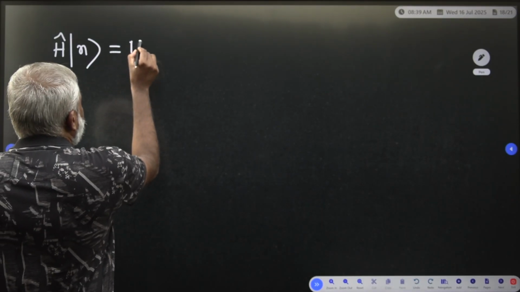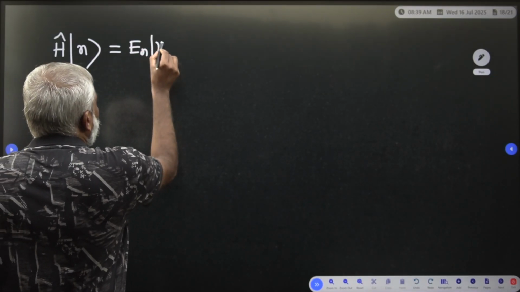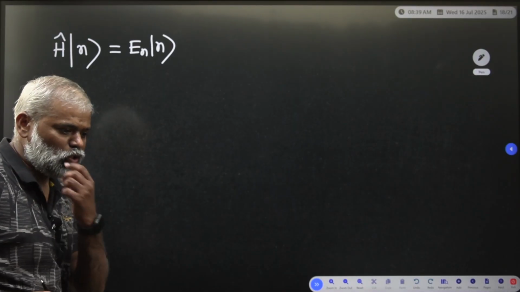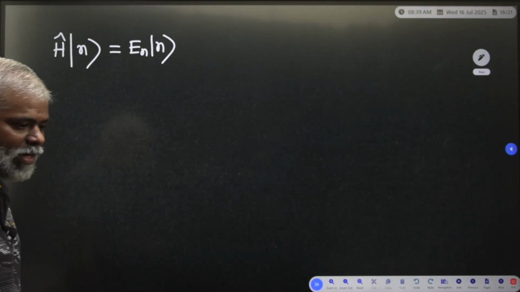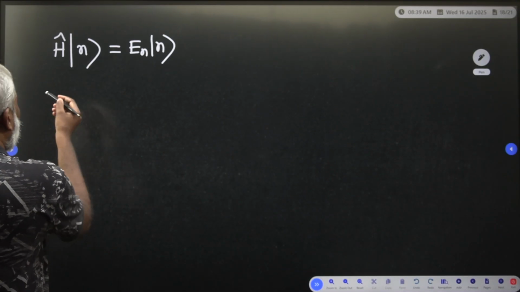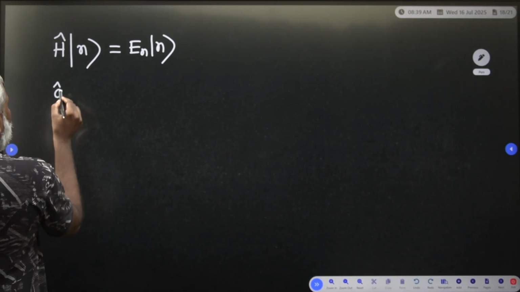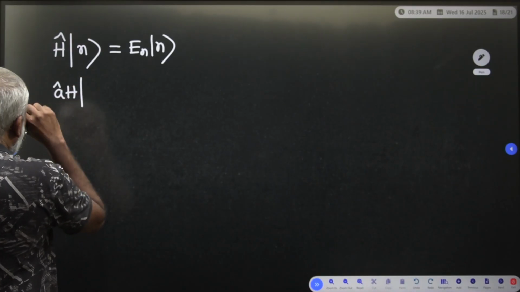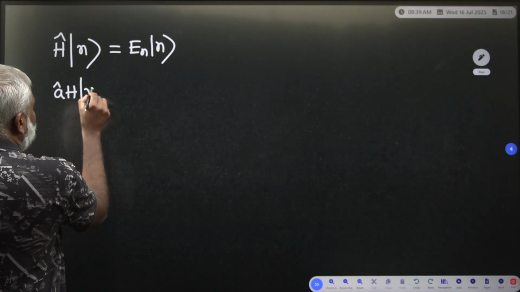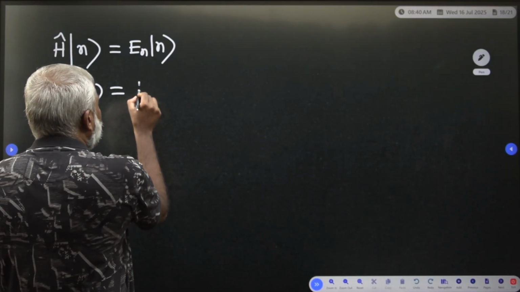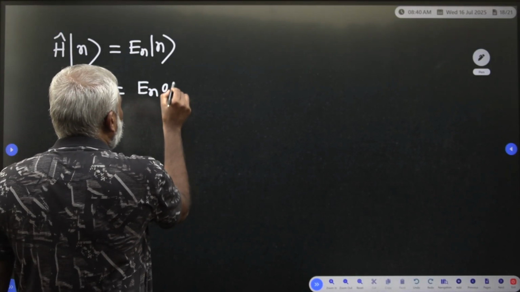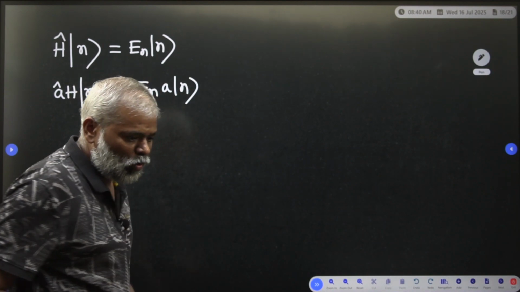This is the eigenvalue expression, is it clear? Suppose you take a lowering operator a cap and operate on the left hand side of that expression, you get En, the eigenvalue, times a into ket n.